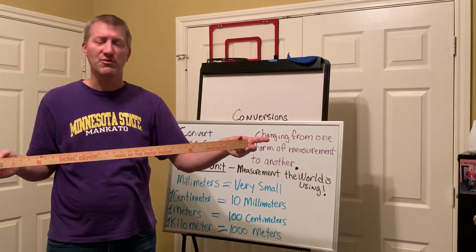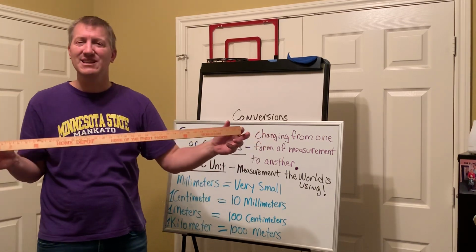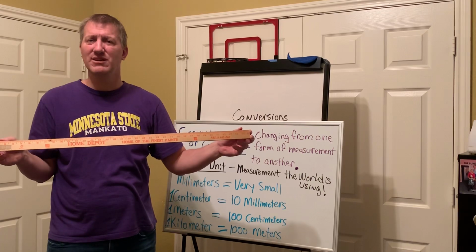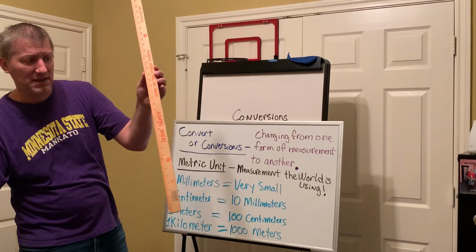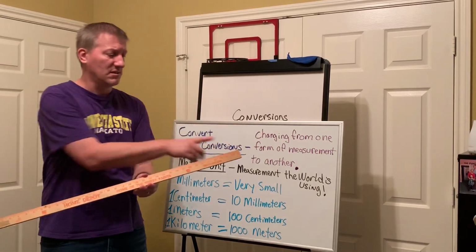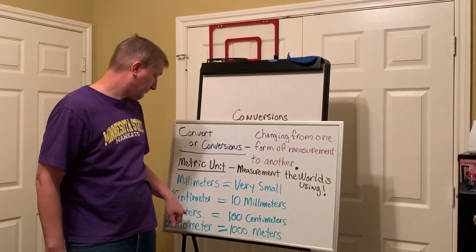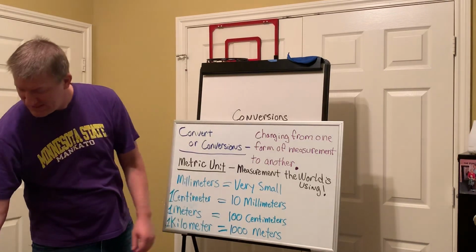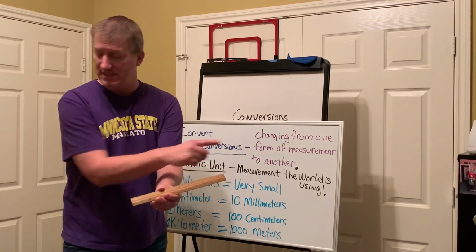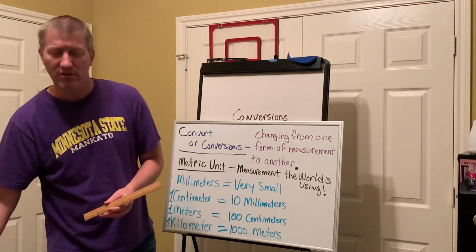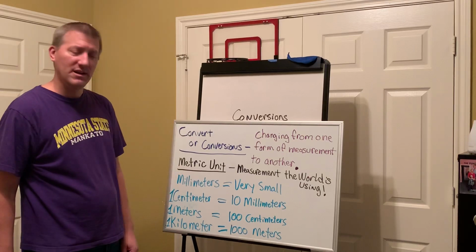There are 39 inches in a meter and 36 inches in a yard. So a yardstick is almost the size of a meter stick, just 3 more inches. And there are 100 centimeters in 1 meter. If you put 100 centimeters together, that would make 1 full meter.